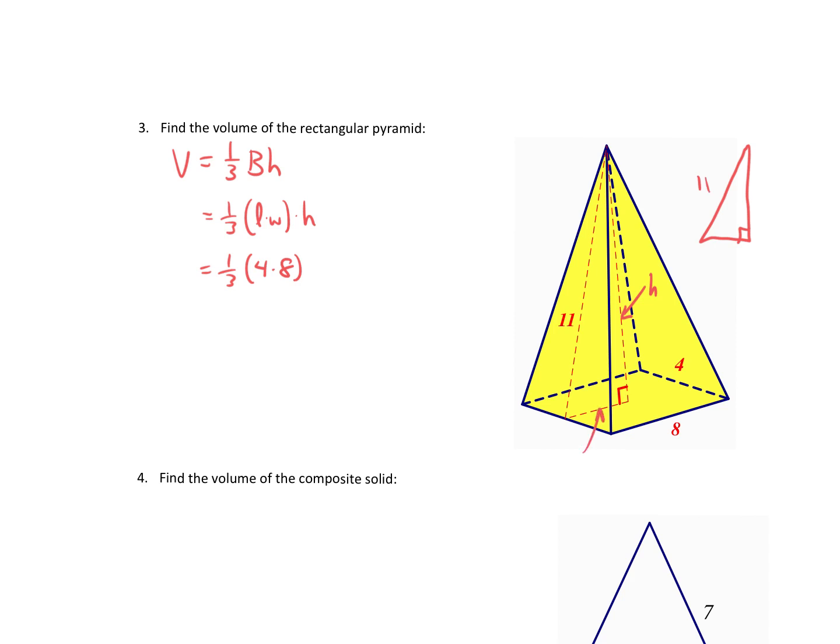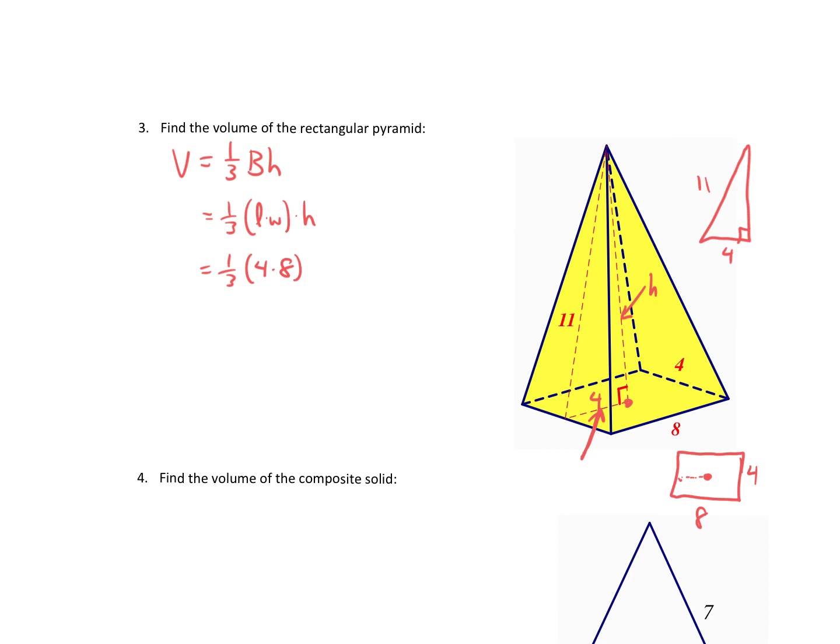Well, I think so. This is a rectangle down here in the base. And I guess I did need to know it was a right rectangular pyramid, because I need to imagine that's at the center. So if you can imagine that rectangular base, this is a 4 by 8 rectangle, and that's the foot of the altitude I need. And the triangle that I'm talking about right here, this little side right here is kind of like this dotted line here. That would be 4, because it's half the length of that rectangle.